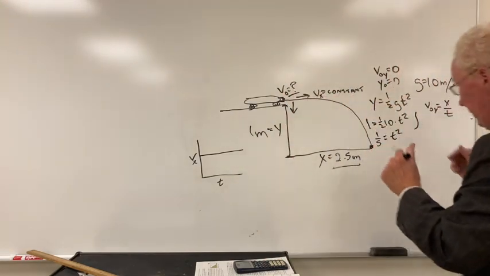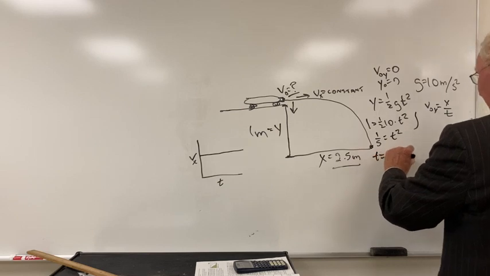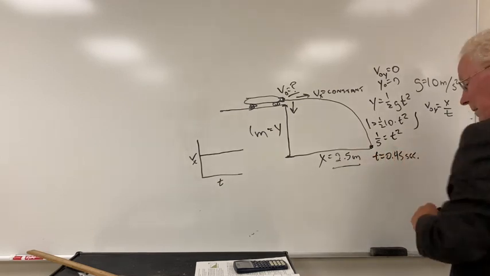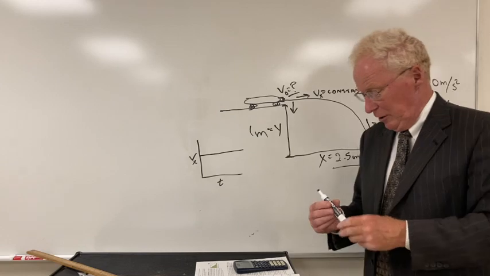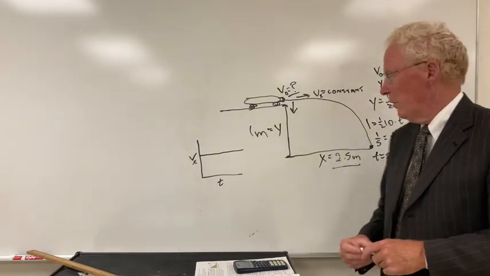So t would be 0.45 seconds. And if I dropped an object one meter, it'll take about half a second to fall.